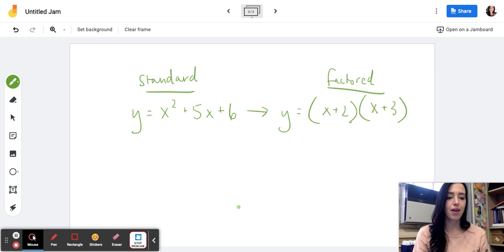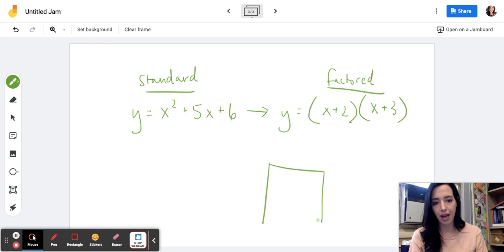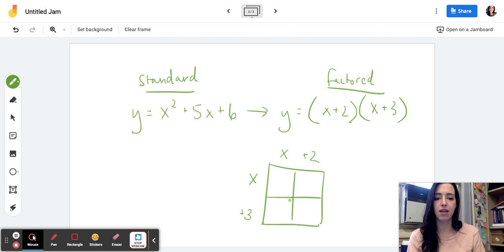All right? I'm not going to do the whole thing now, but if I wanted to, I could use the box method to check my work, right? I could do x plus 2. Actually, I'll do it. X plus 3.